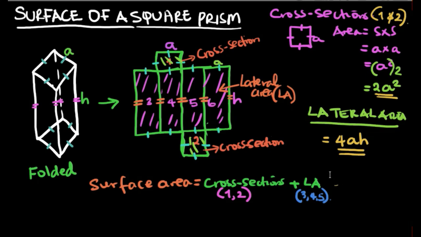So this means that the surface area is equal to 2A squared plus 4AH.